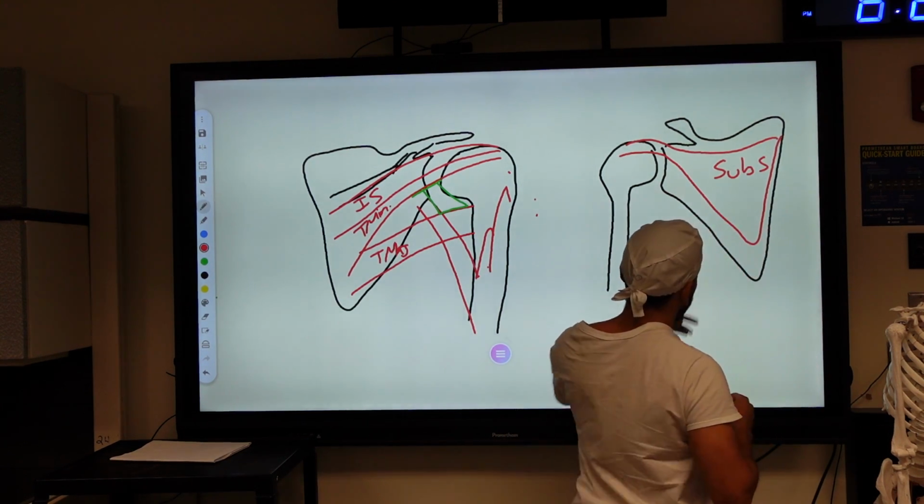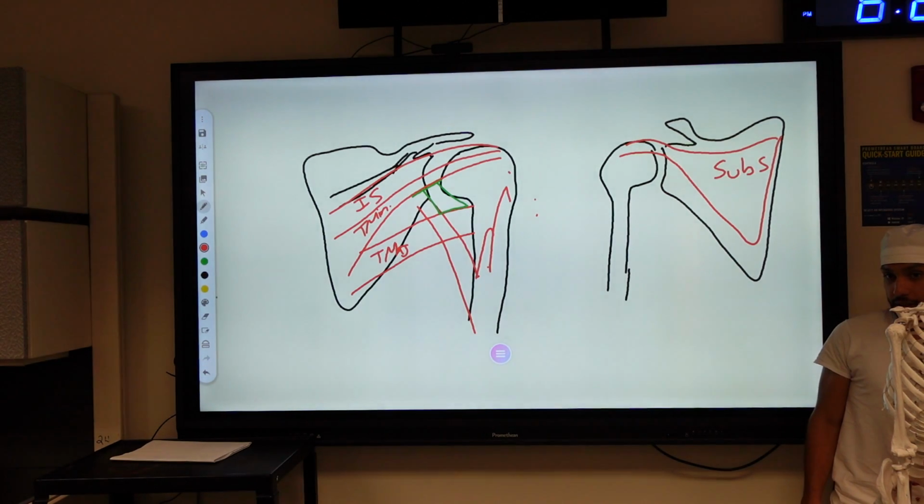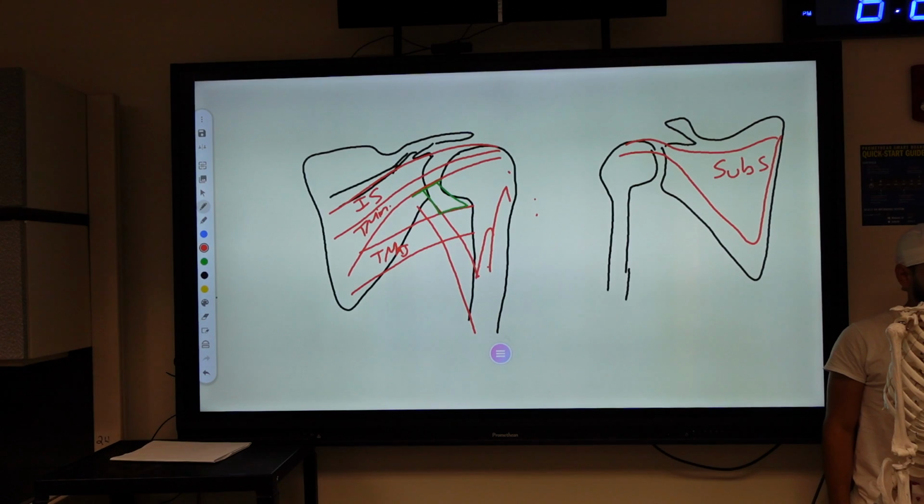So if we're looking at the anterior aspect of the scapula, we'll see the subscapularis staring at us, right? Not the infraspinatus, teres minor, teres major.